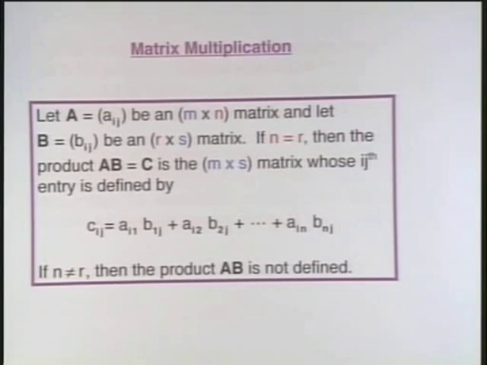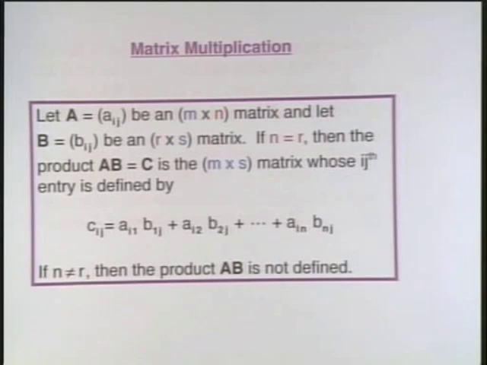Matrix multiplication. Let A, the matrix with elements A sub ij, be an M by n matrix, and let B, the matrix with elements B sub ij, be an R by S matrix.